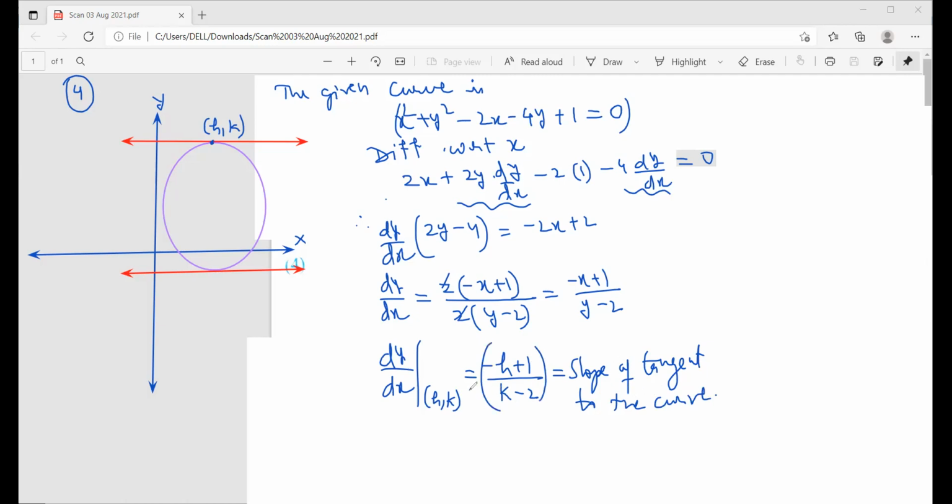But what I am given, students, is that the required tangents are parallel to the x-axis.